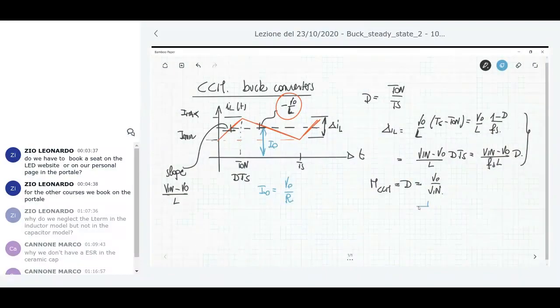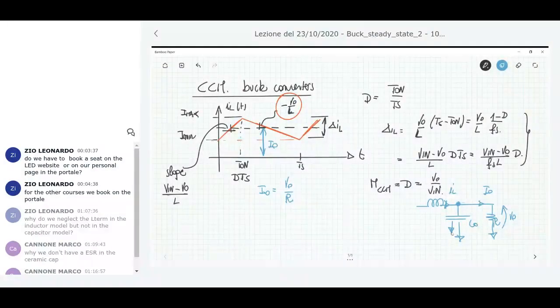We have the inductor, we have the Co capacitor here, and we have the load. The current here, IL, at this node, the current here is constant current, Vo over R. No DC current can flow through the capacitor due to the charge balance characteristic of capacitors. So at steady state condition, no DC current can flow through a capacitor. So the DC current Io comes directly from the current IL.